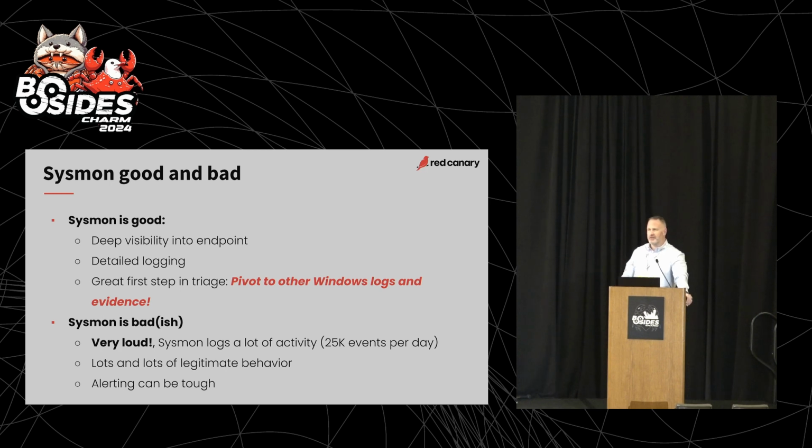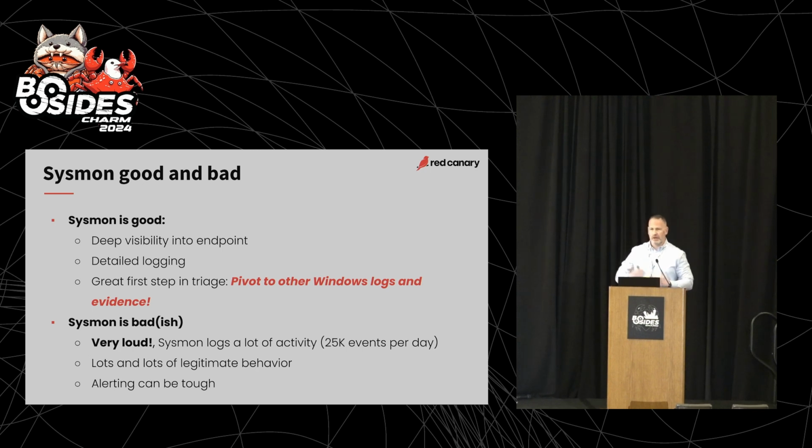It is a great first step in your triage process. If you have Sysmon enabled, say, on even just critical systems, and you've got a larger incident and you want to see if those have been impacted, this is a great starting position.